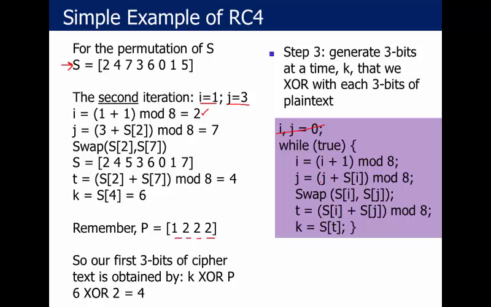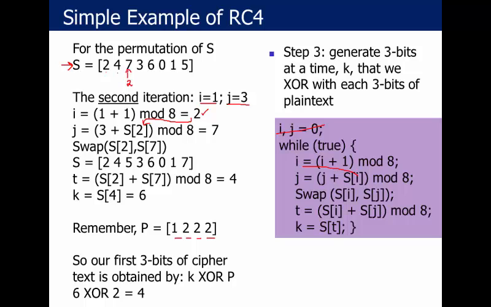J is a little tricky. Old J is 3. So 3 plus S of I. I is this I, which is 2. So J is 3, S of 2, which is, 0, 1, 2, this is 2.